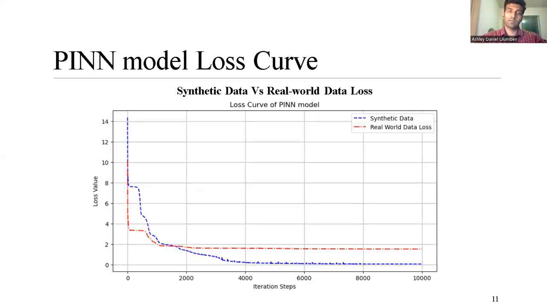And this is the loss curve of the PINN model that shows the loss of synthetic data versus real life data.